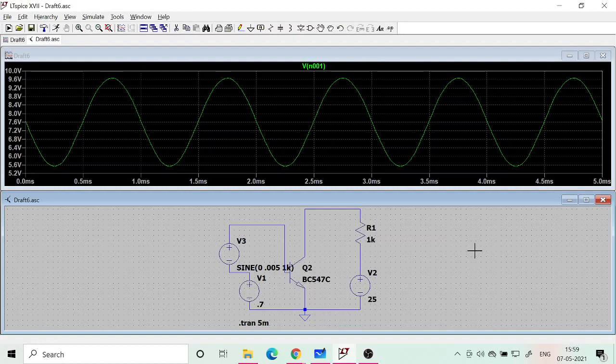And the final thing is you put a resistor, 1 kilo I have put, and accordingly you have to choose a smaller sine wave so that the voltage variation will be within the limits, without violating the condition for forward active region.